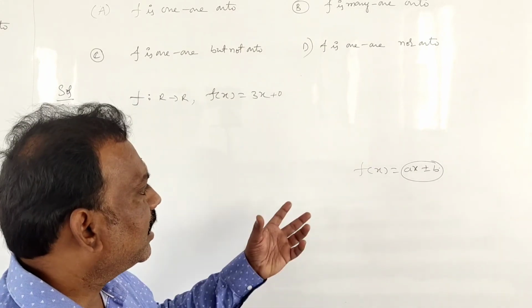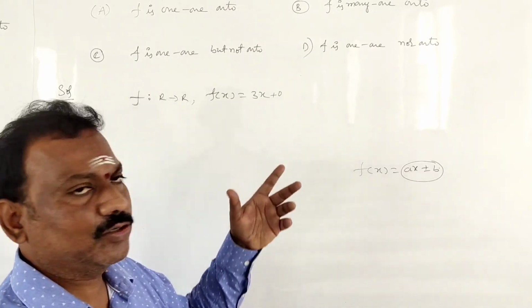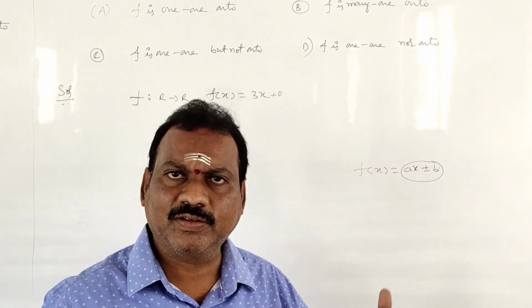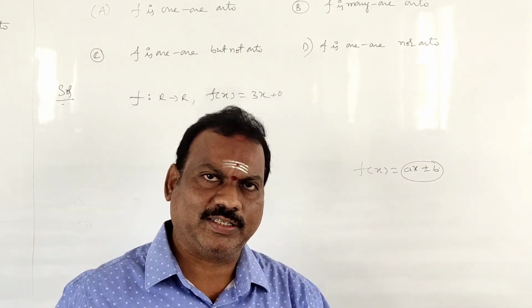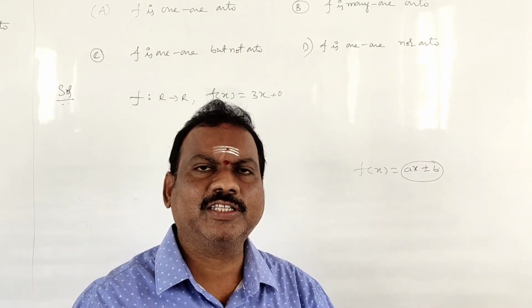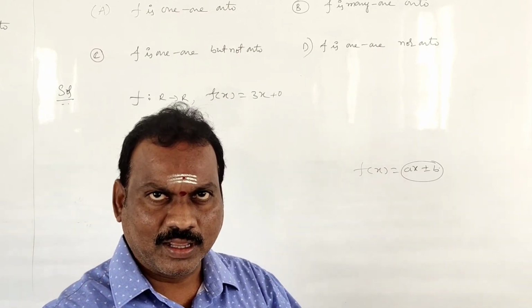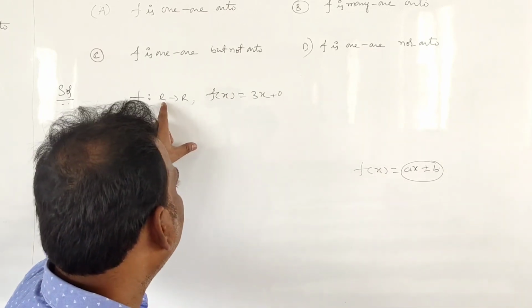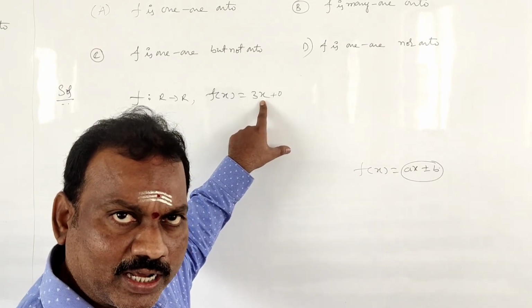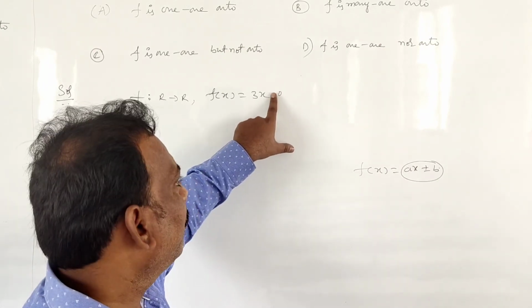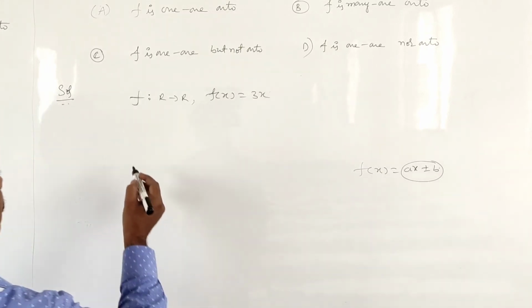So ax plus or minus b means 3x, 2x, 5x, x plus 3. These are always strictly increasing or strictly decreasing functions. That kind of function is always a one-one function. Otherwise, you see that you are giving different inputs, there is no same output, only different outputs. Correct or not, students? So we have to check that here.